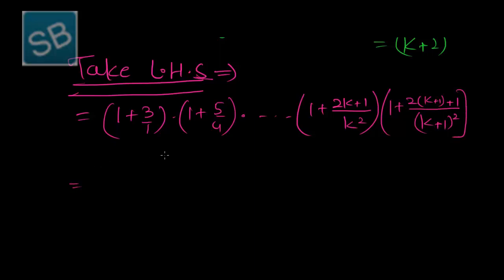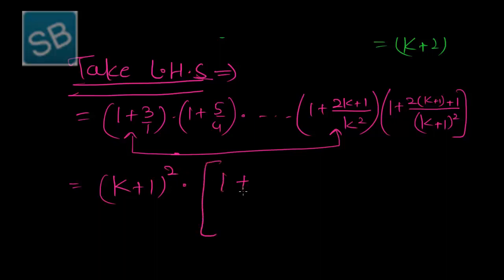So as in the earlier problems we have done, we will take the first k elements. So we will replace this product by (k+1)² by using step 2. And here we get (1 + (2k+2+1)/(k+1)²).